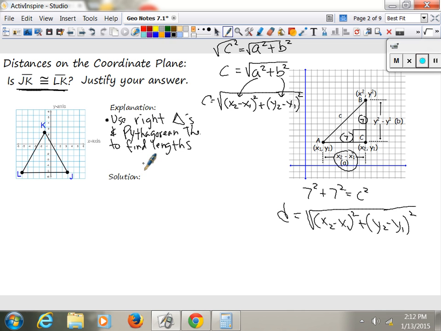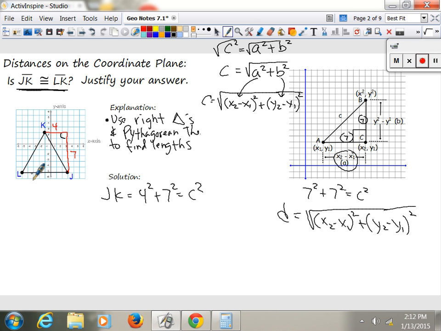So let's, in red, I'm going to draw a right triangle from J up to K. So from J to K, I went up 1, 2, 3, 4, 5, 6, 7, over 1, 2, 3, 4. So I got a 4 and I got a 7. So JK would be 4 squared plus 7 squared equals C squared. Since I have a picture, I'm going to draw my right triangle. I'm going to put a box right there.